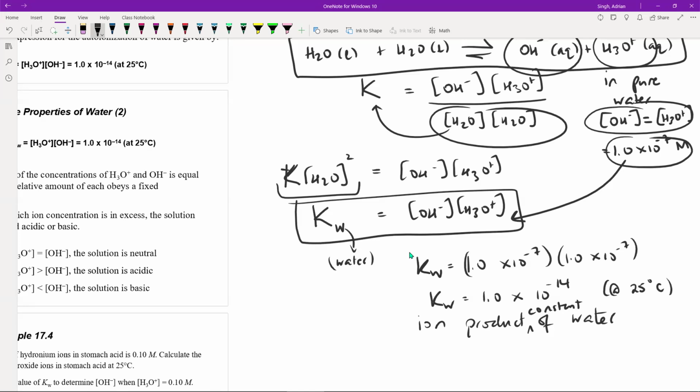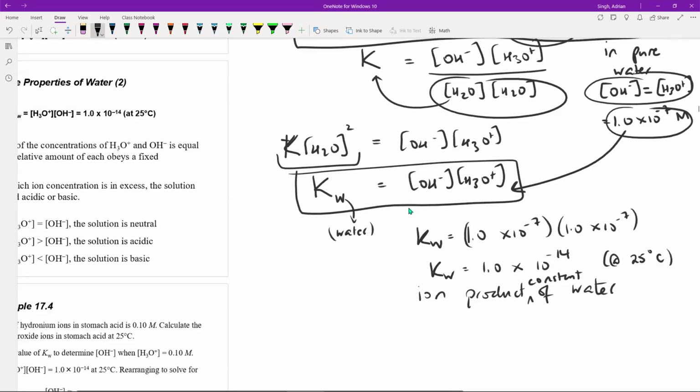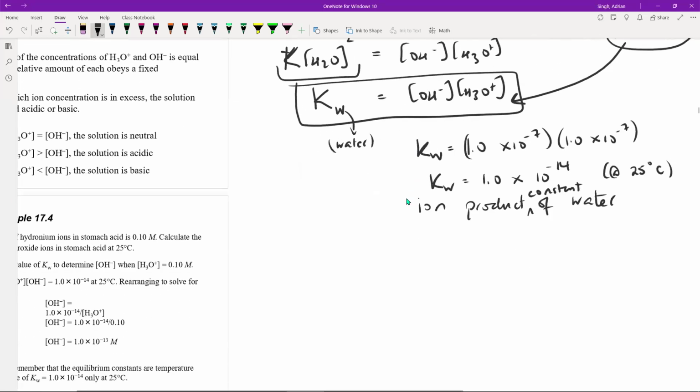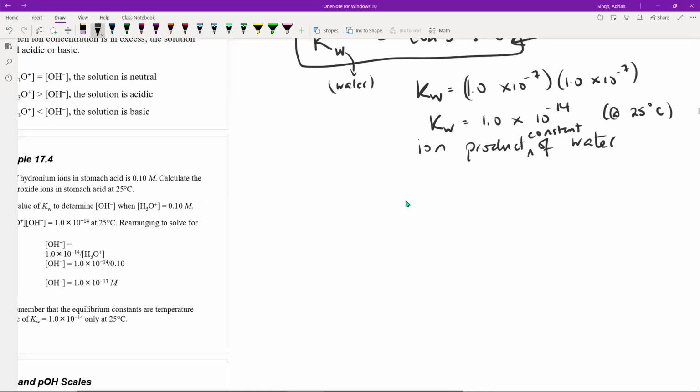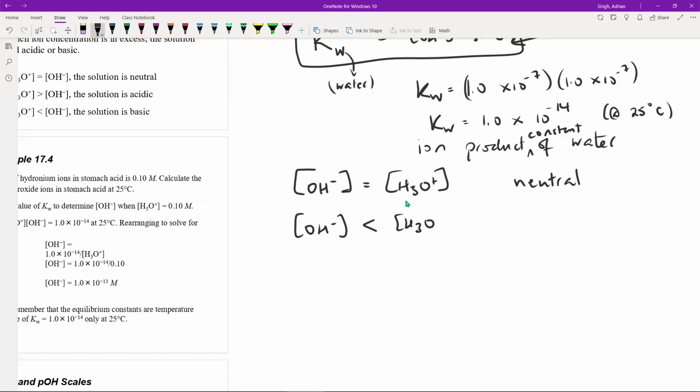So what this means then is that we can use the concentrations of the OH minus and the H3O plus to describe our solutions. So when you have the OH minus concentration being exactly equal to the H3O plus concentration, we say that that solution is a neutral solution. If the OH minus concentration is less than the H3O plus concentration, the hydronium, we say that that solution is acidic.